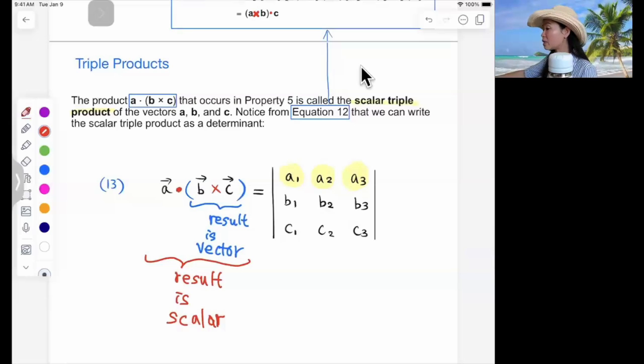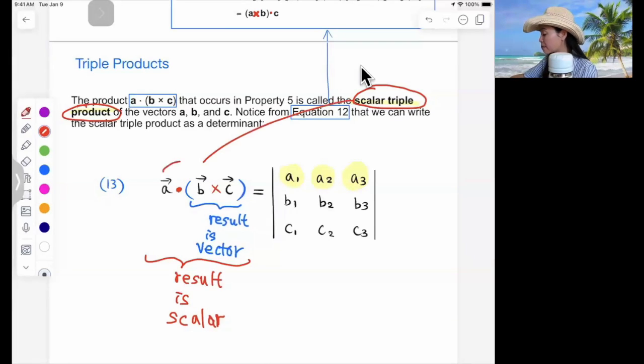Remember that in the dot product, you multiply the components and add them up. So the result here is a scalar, and that's why this one is called the scalar triple product.